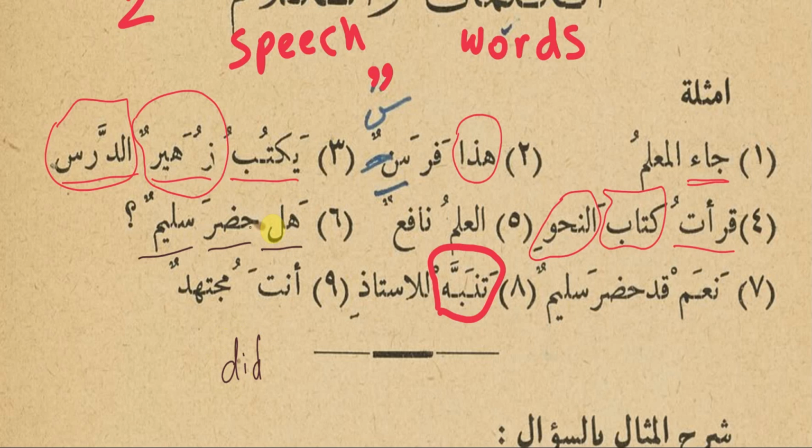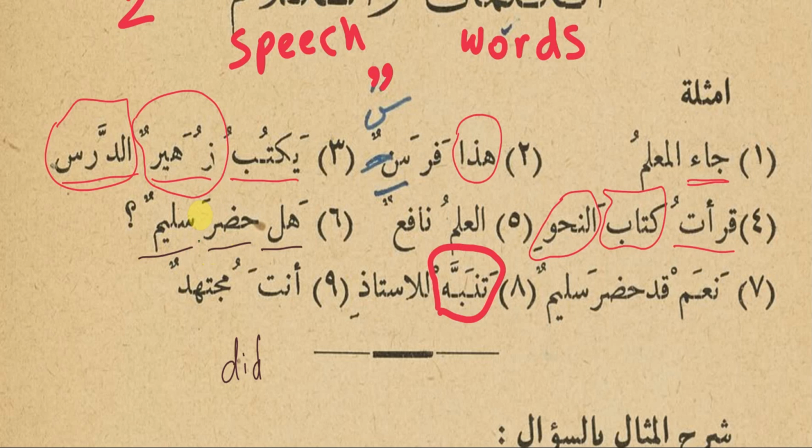So, if you say hal hadara, hadara is the past tense of attend. So, hadara, he attended, and ja'a, he came. So, hal hadara, did حضر, this is the structure in Arabic. حضر سليم, Salim attended or was present in this context.